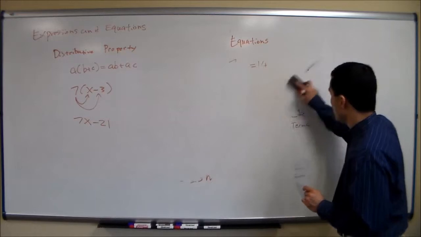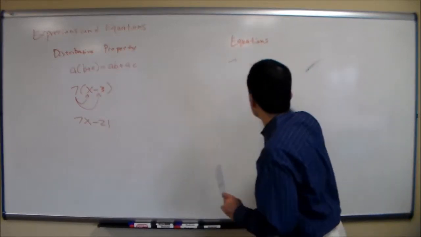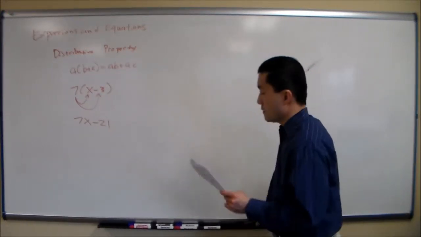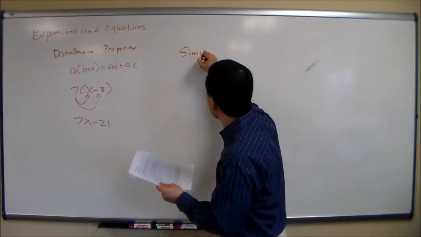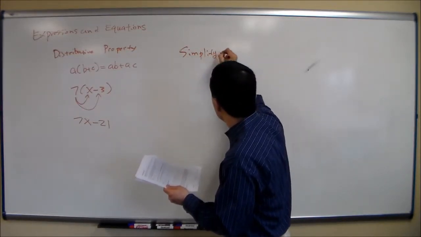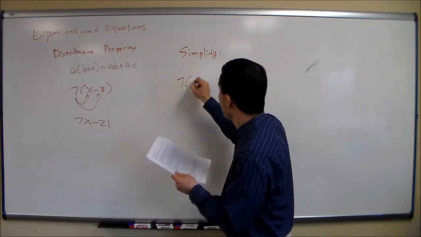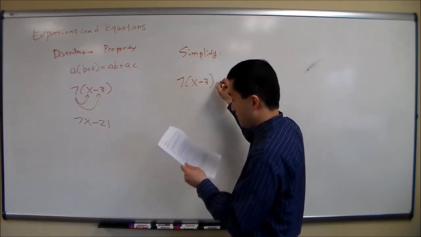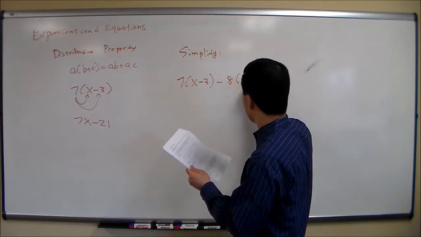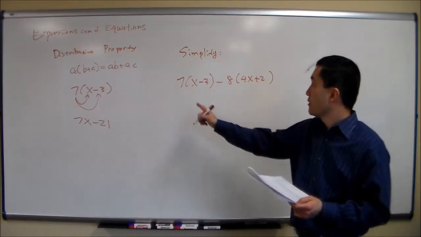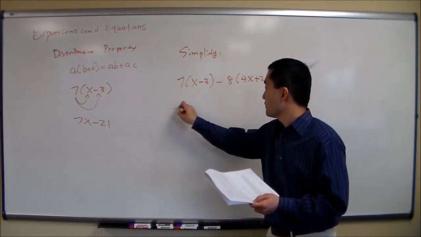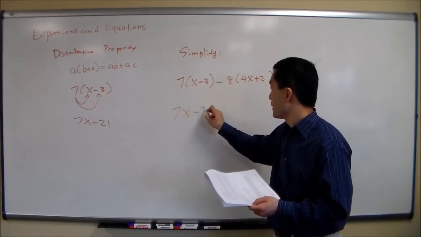So what kind of problem would you encounter with that? For example, you might see a problem like simplify this. We already did that one. It's going to be 7x minus 21.